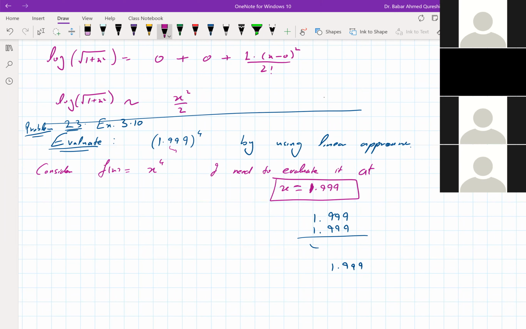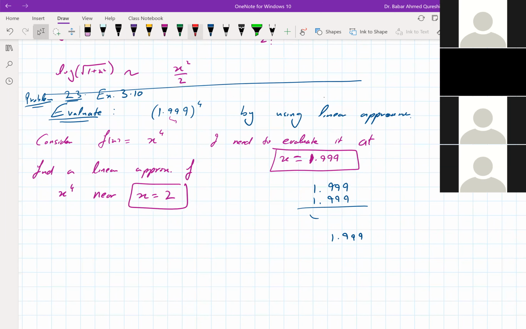So find a linear approximation of x to the 4 near x is equal to 2. I chose x is equal to 2 because I know what is 2 to the power 4. That would be very easy to evaluate. On the other hand, 2 is also very close to 1.999. So I am hoping that the errors will not be large.